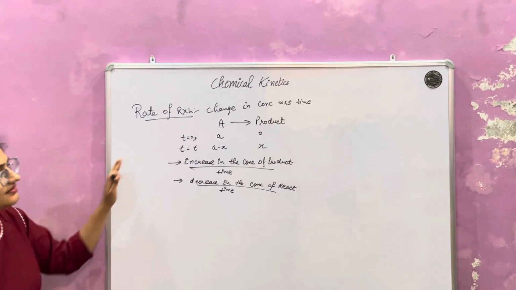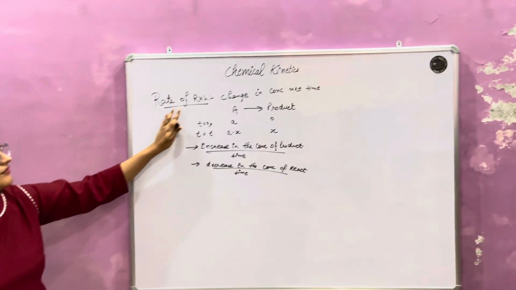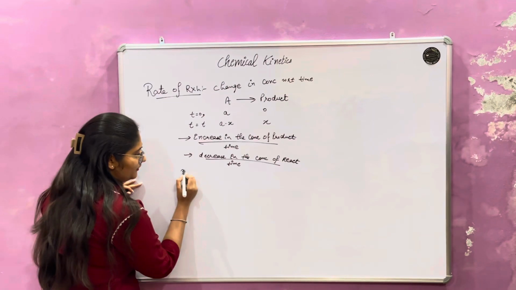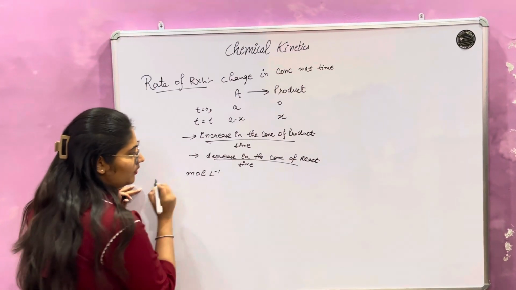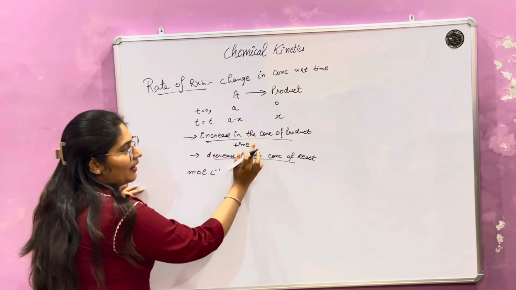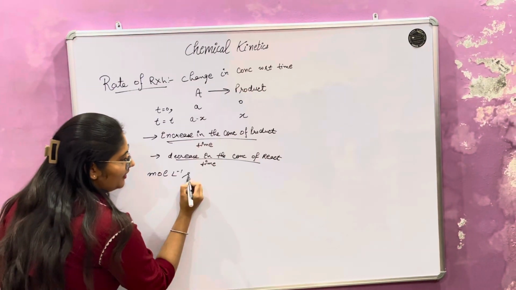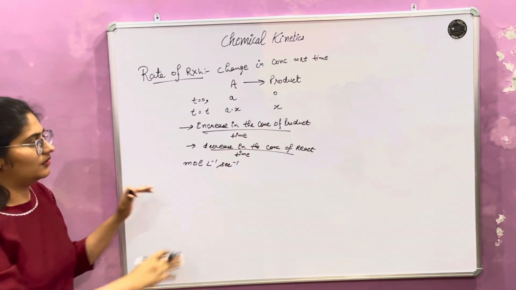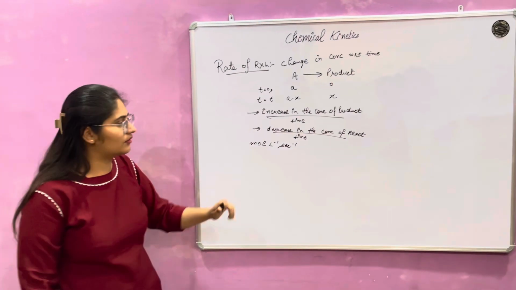Now we will study the unit of rate of reaction. As we know that the concentration unit is mol per liter, and divided by time, so the time goes up as second inverse, hour inverse, minute inverse, and so on.